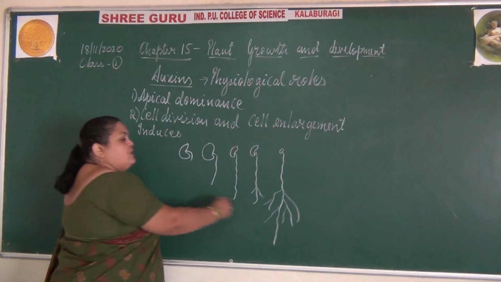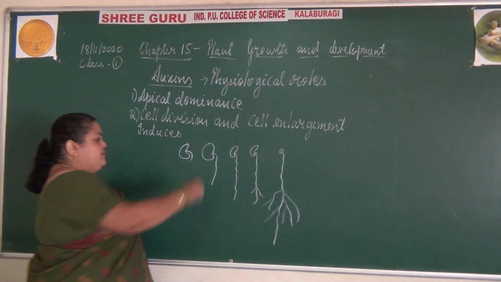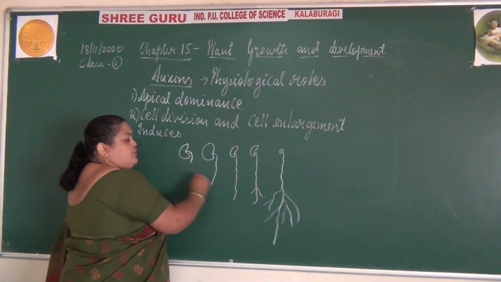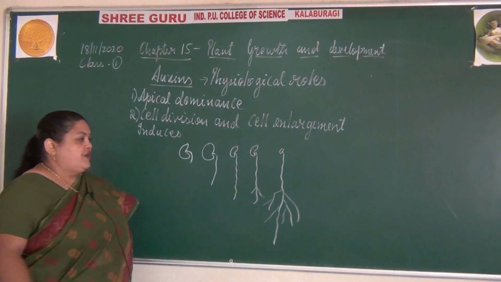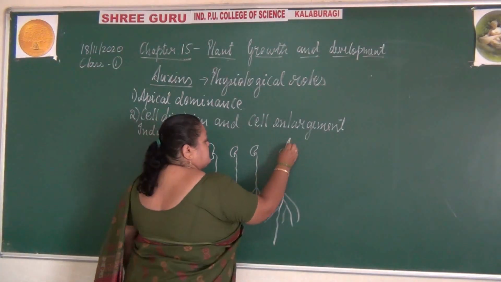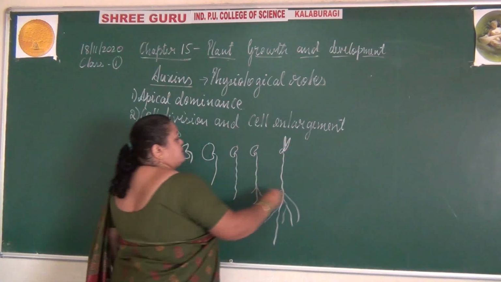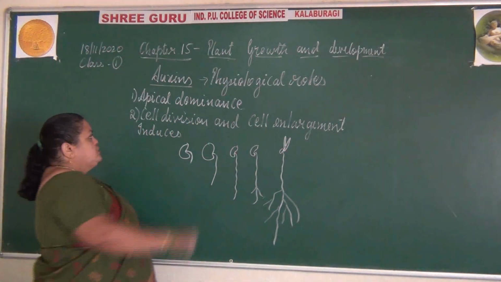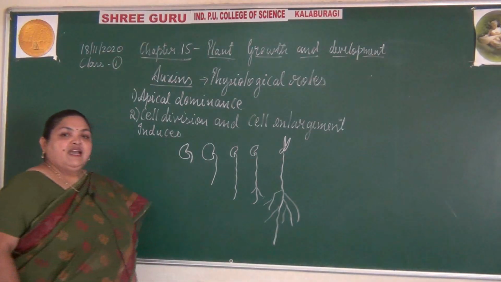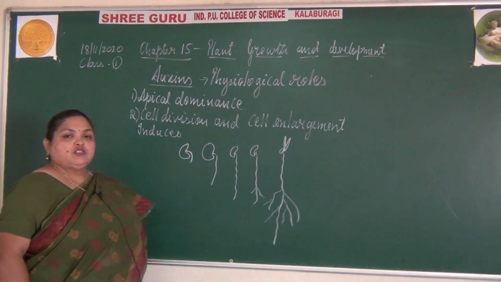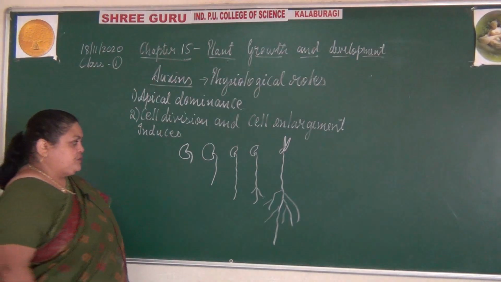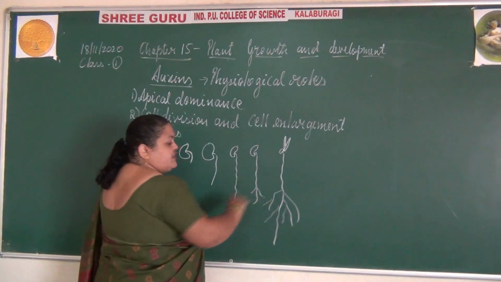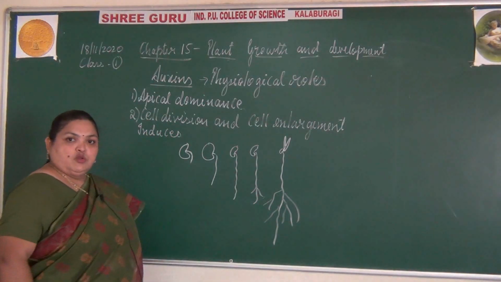So all this growth from a small radicle to form a shoot or a root system is because of the auxins. Overall, the auxins induce cell division and cell enlargement. Already we have learnt this in the regions of the roots also.